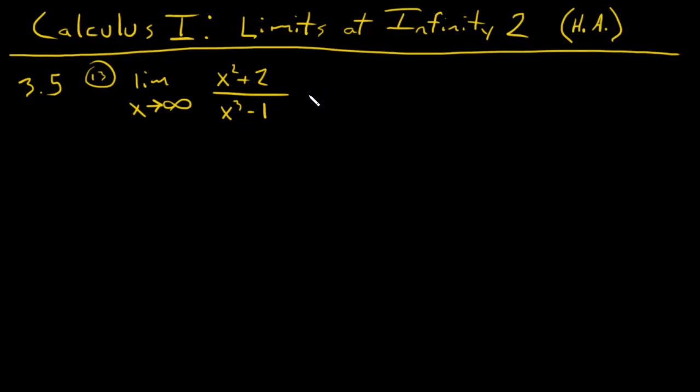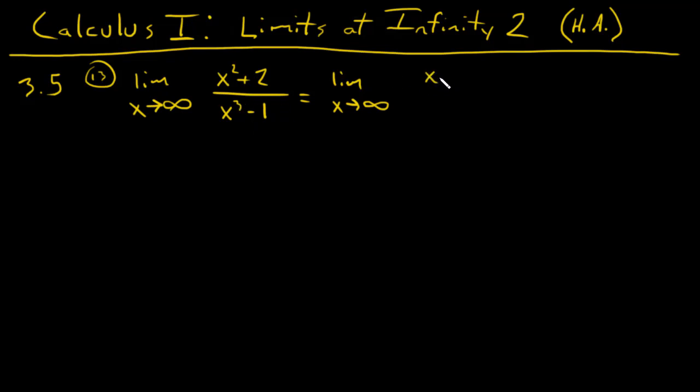Alrighty, so that's going to be the limit as x approaches infinity of, well, how do we simplify this? Figure out what this limit's going to be as we head out towards positive infinity. We divide every single one of these terms by the highest power of x, so in that case, it's going to be x cubed.